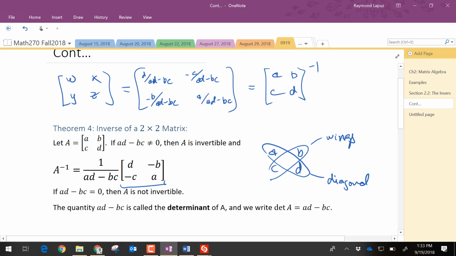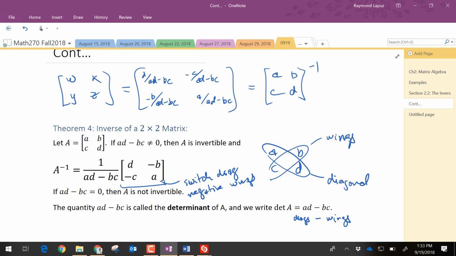So diagonals minus the wings, diags minus wings, and in here you switch the diagonal, negative the wings. So that's a quick way of getting the determinant of a 2 by 2 matrix.